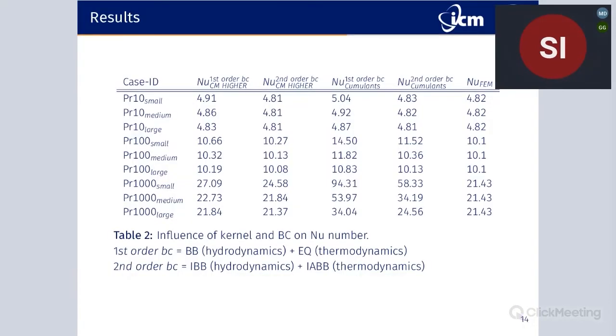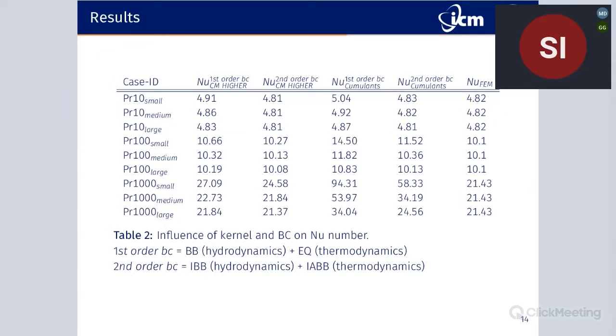So here we have once again the case. So this is how big the mesh was and how difficult it was in terms of the numerical values for the relaxation parameters. So the higher the Prandtl number, whatever it is, not important at the moment, the higher it is, the more difficult the problem is in terms of numerics for the solver.